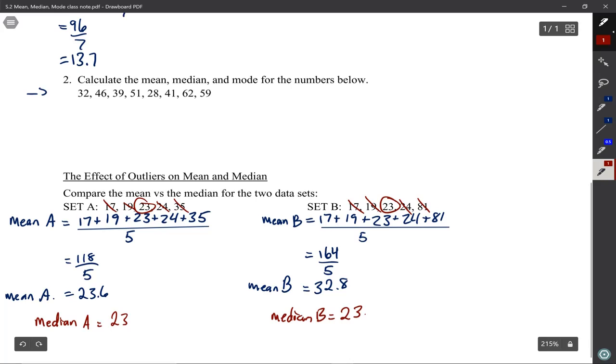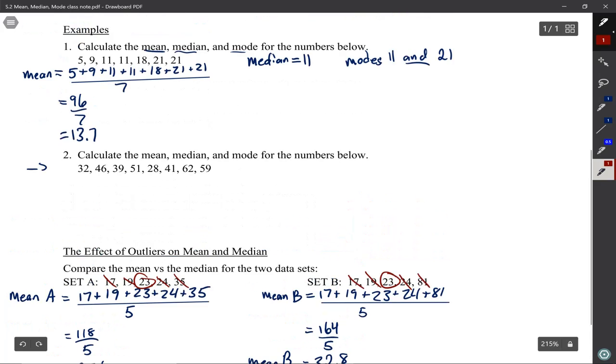If we calculate our means and medians for many data sets, and we do have an outlier in our data, the median can still leave us with an accurate representation for an average of our data, whereas the mean is a little more accurate in general, but it's very susceptible to being messed with. If there's just one error in the data, then it can throw our mean completely out of whack.